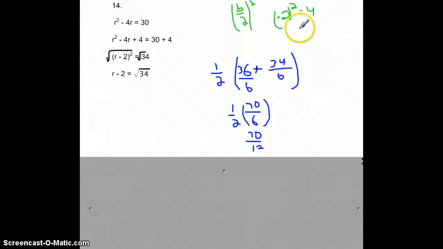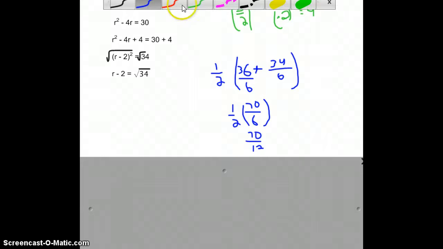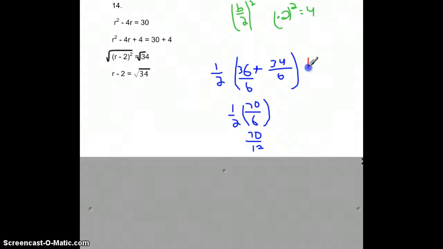Then we have to do our long division. So I'll do my long division over here. Let's change colors for that so we don't get confused. 12 into 70. 12 times 5 is 60. That leaves 10. Okay, 12 into 100 is going to give us 8. So I can't forget my decimal there. Make that bigger so we don't lose it.